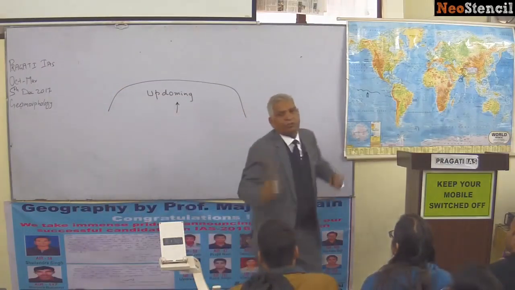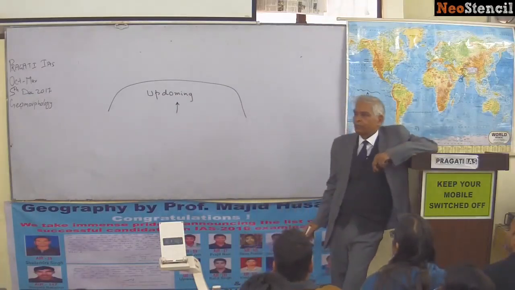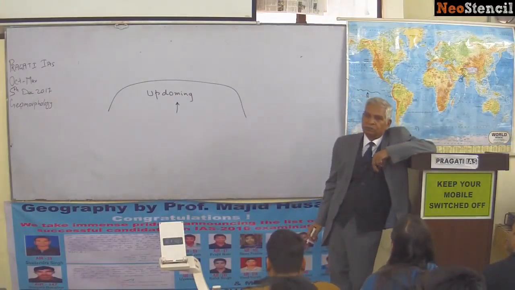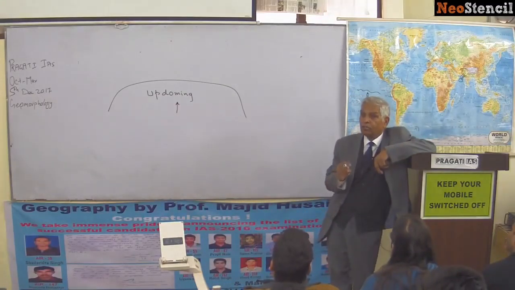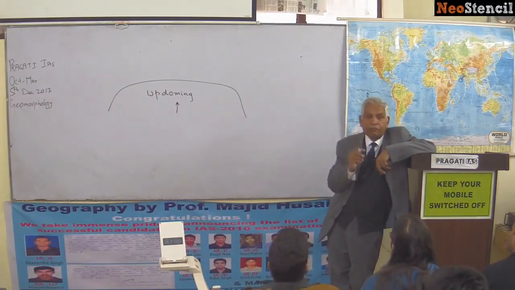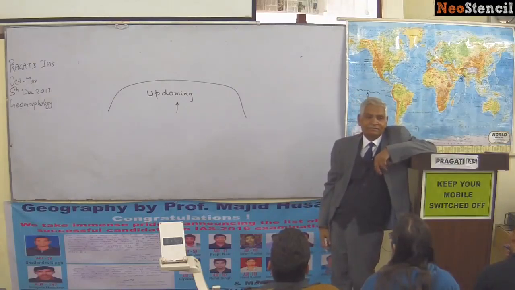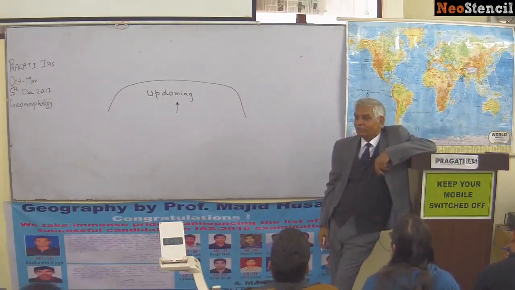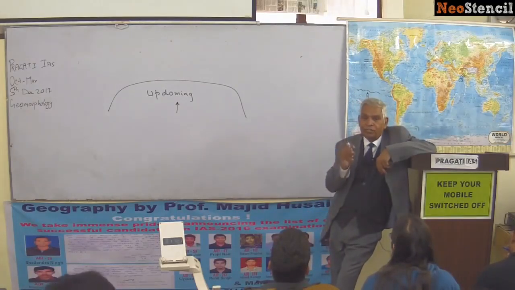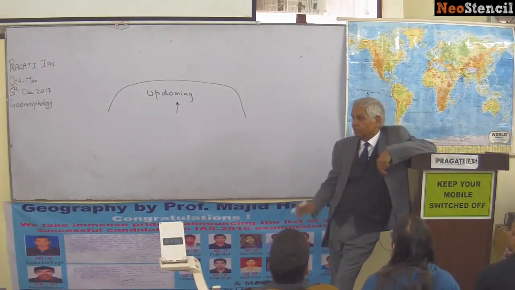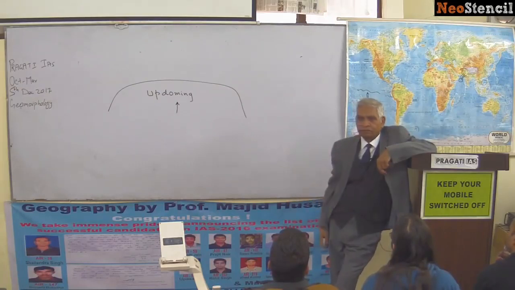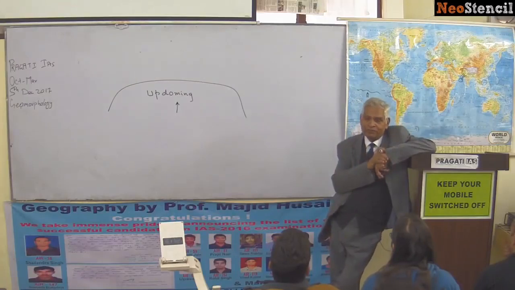Davis said it is a short duration activity of endogenetic force. In last point, he assumed that the exogenetic forces will not work unless it is completed. The Germans said both the endogenetic and the exogenetic forces, they work simultaneously. If there is upheaval, there is erosion also. There is weathering, there is erosion also. So Davis was ridiculed by the Germans.